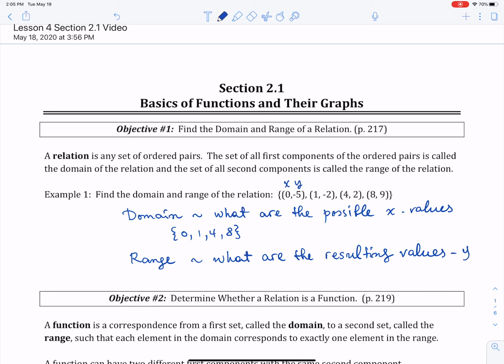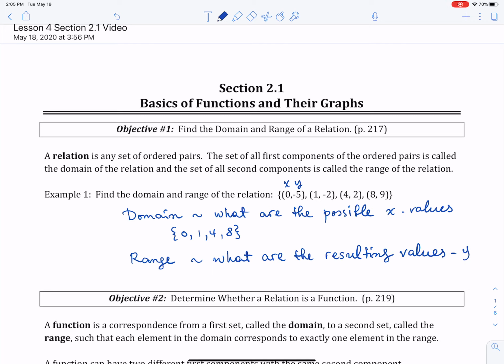In this relationship, the resulting y values are -5, -2, 2, and 9. So this is the range of the relationship.